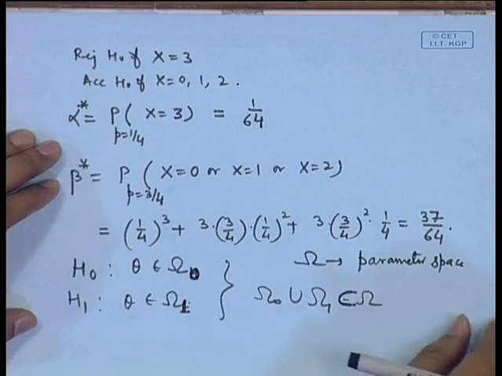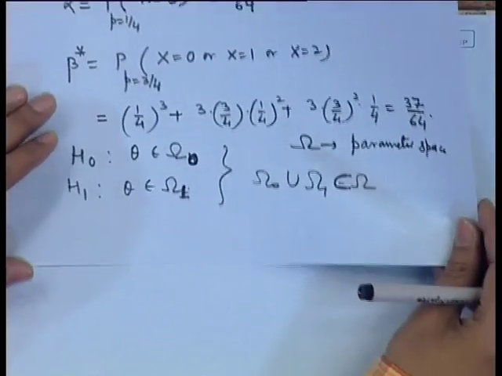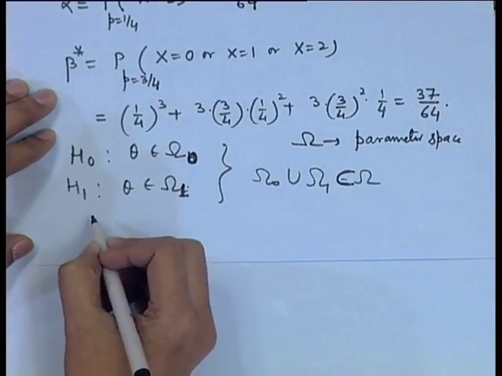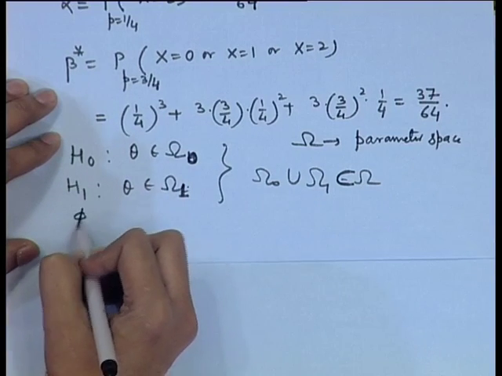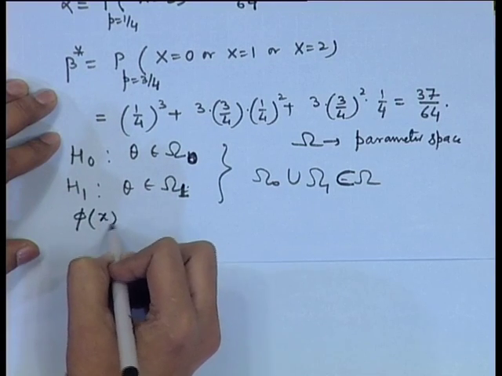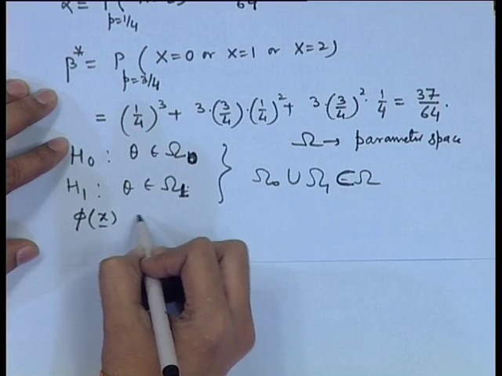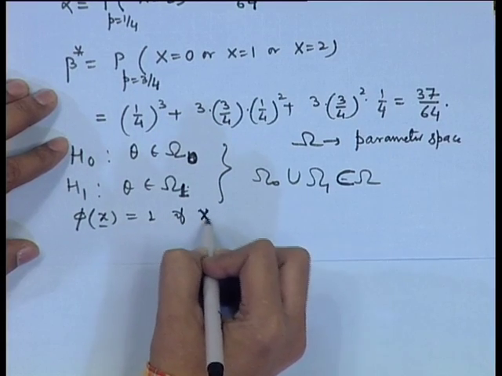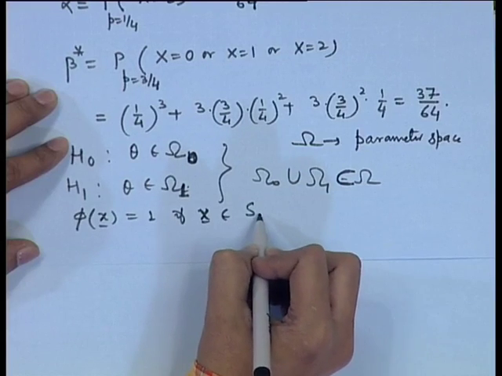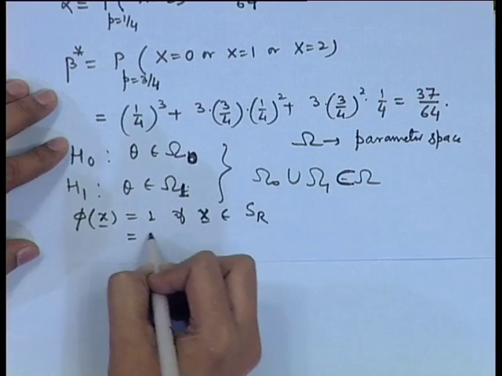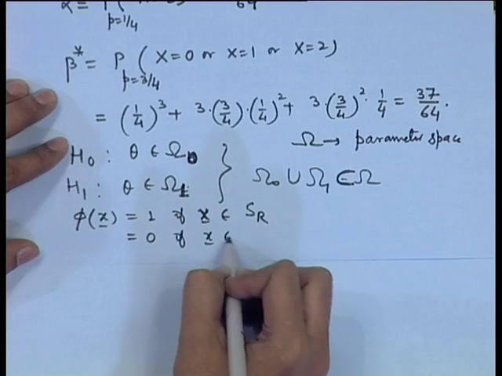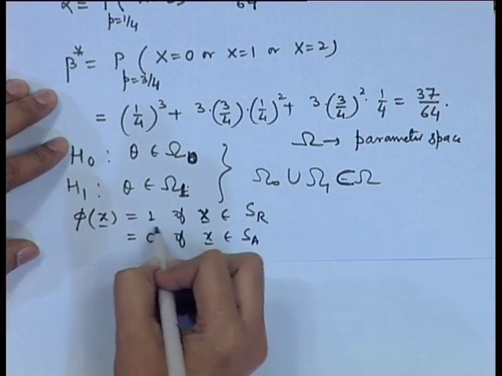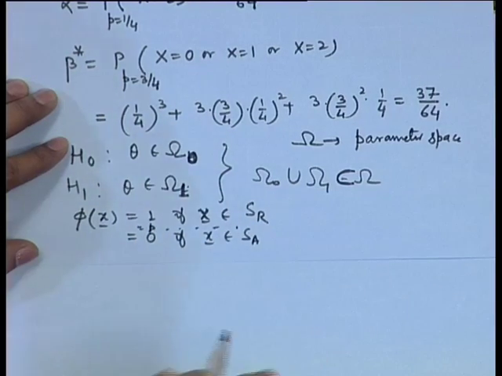So the procedure that we are trying to tell here is that we are devising a function phi(x) based on the sample. So we are saying phi(x) is equal to 1 if x belongs to, say, S R, it is equal to 0 if x belongs to S A. But in some cases, as I mentioned, we may go for randomization also, we may put some value p here for a certain region.